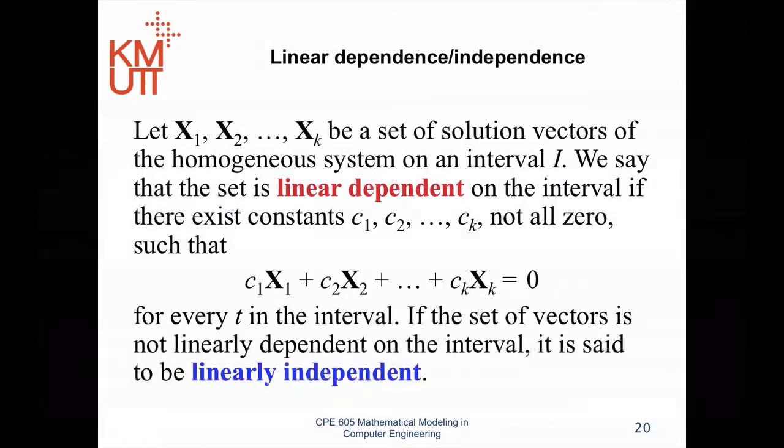If it can be derived in that way, then that set of solution vectors is linearly dependent. On the other hand, if the set of vectors cannot be scaled and combined to be zero, then that set is linearly independent.